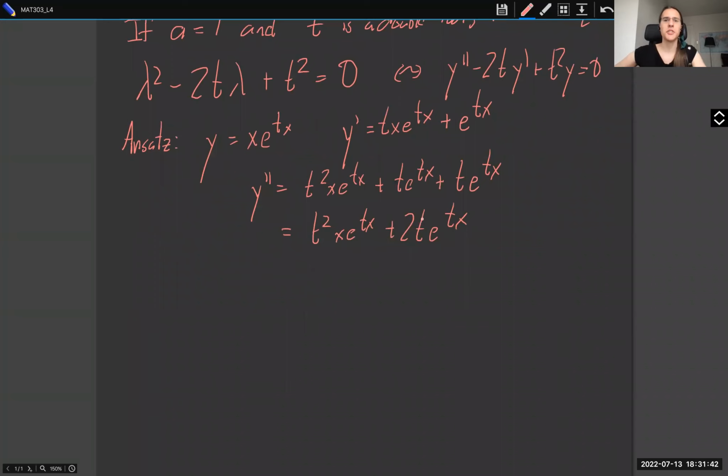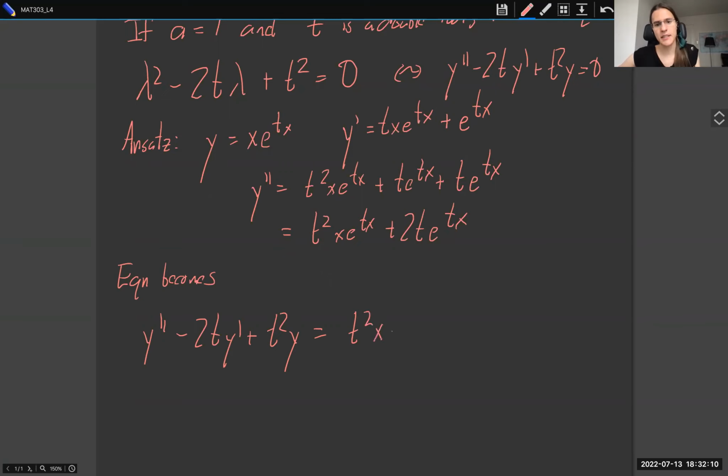Okay, so let's plug this into the equation. The equation becomes y prime prime minus 2t y prime plus t squared y, and that's going to be t squared x e to the t x plus 2t e to the t x, then minus 2t times y prime, so minus 2t squared x e to the t x minus 2t e to the t x, and then plus t squared x e to the t x.